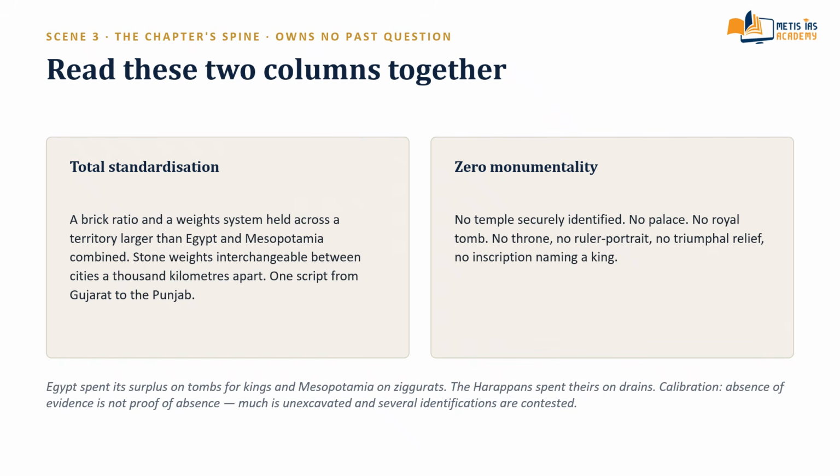So, the cities with no kings. What is scene number 3? That is the argument that makes this chapter coherent, and it has never been asked.